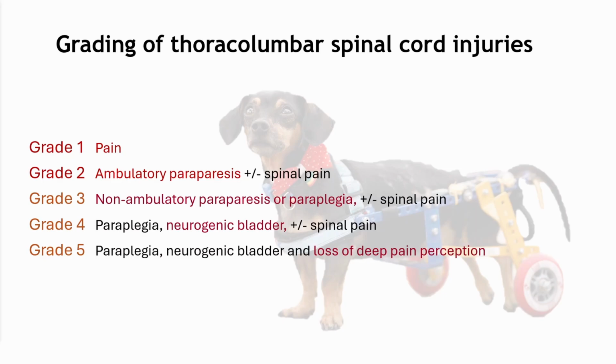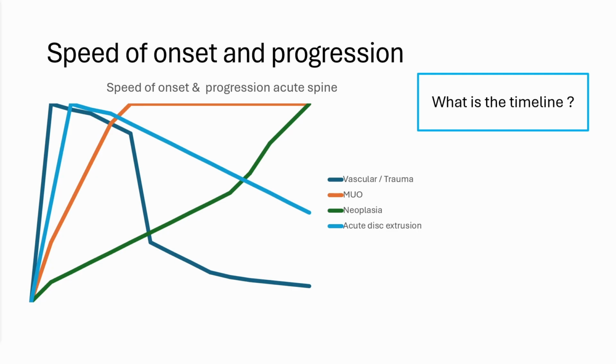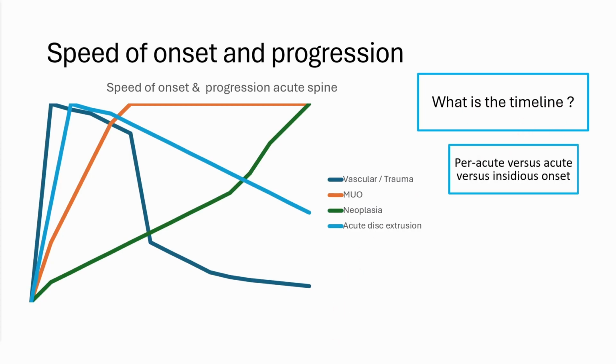Going through all of this, the first important step is that history is important, and particularly for spinal cord problems, the speed of onset and progression is very important. So what is the timeline, and is it peracute versus acute versus insidious, and has it been static versus progressive?